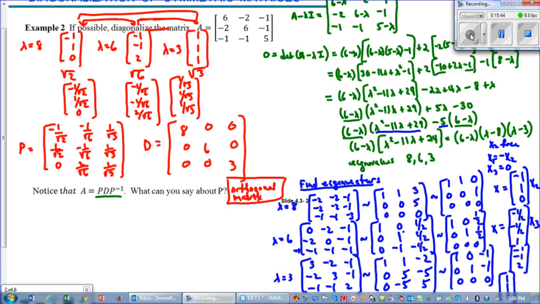And the nice thing about having an orthogonal matrix for the P is that we know that when you have an orthogonal matrix, P inverse is just the transpose of P. So now we know what P inverse looks like. Okay, so we've now diagonalized the matrix A.